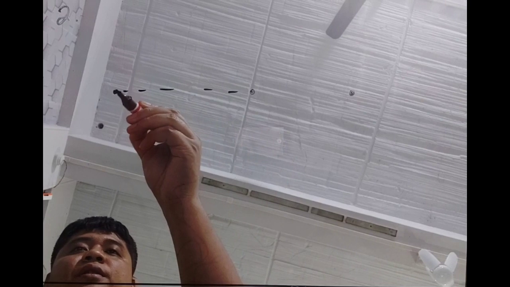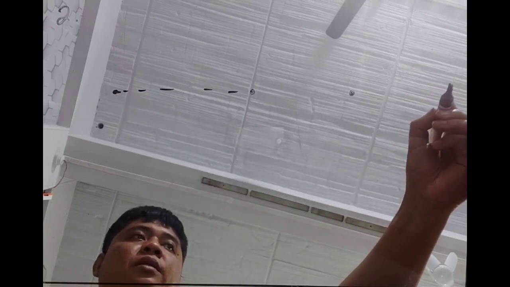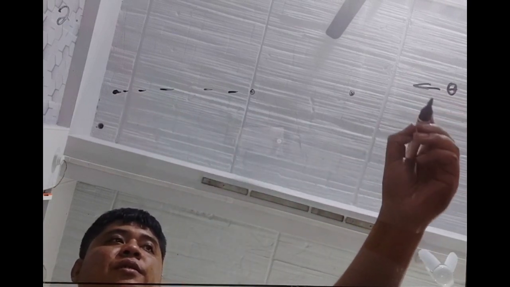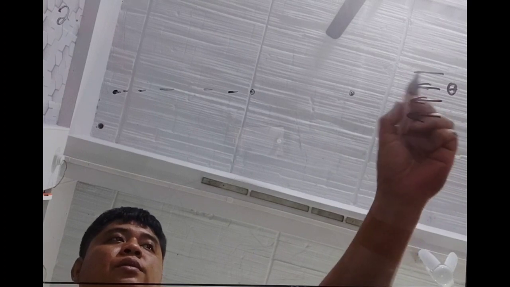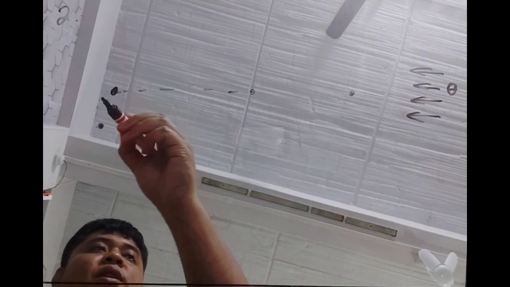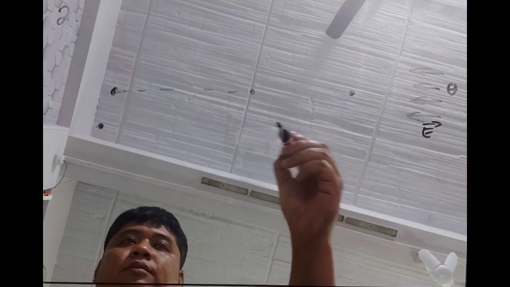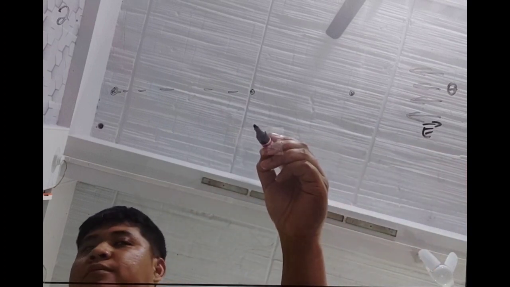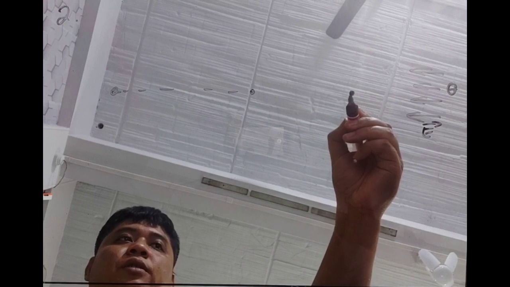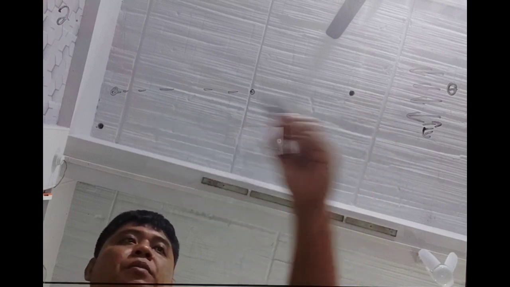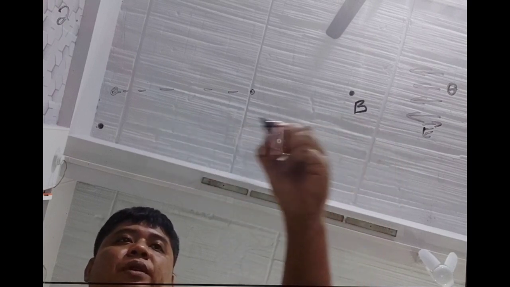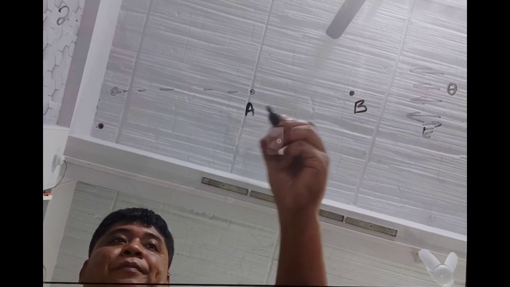Let this point be at infinity. Here is the source charge. So the work is done against the electric field. This point is closer and work done will be more. So this point will be B and this point will be A.